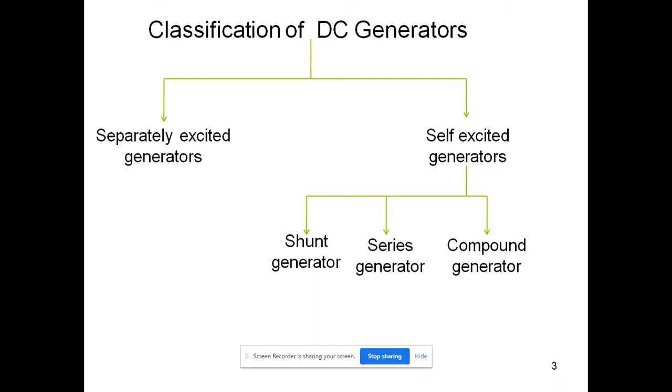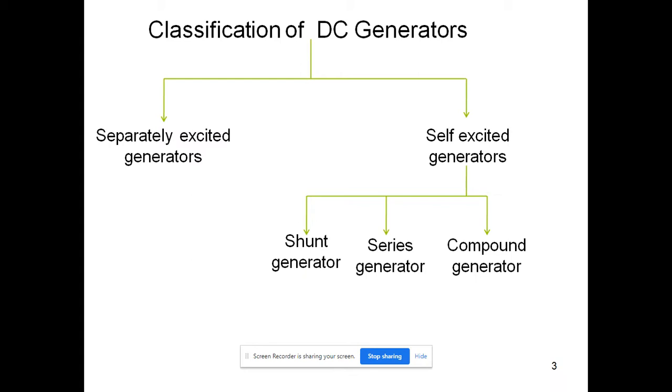Compound generators are nothing but the combination of both the types of generators. Nothing but shunt type connection, and also there will be series type of connection. The circuit diagram for all these three types we will see in the next presentation.